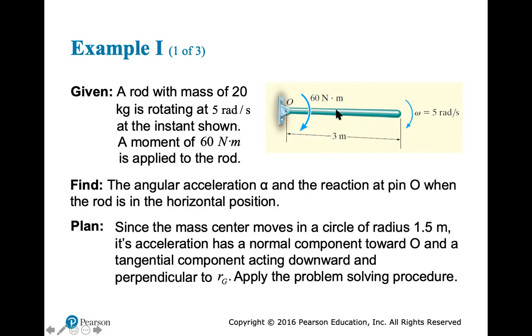You could write the torque equation about any point, but the easiest one is going to be to add up the moments about point O. And that allows us to ignore the details of the normal forces applied here. All right, so that's going to be our method.